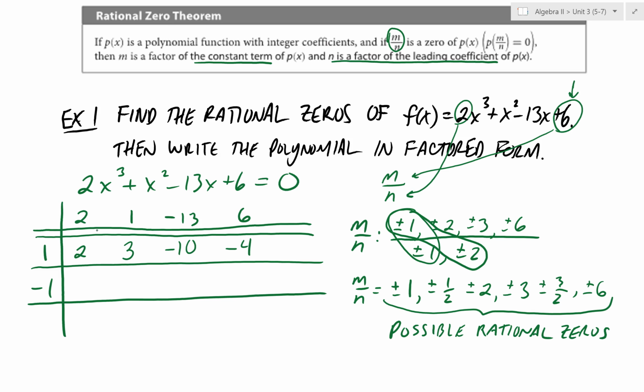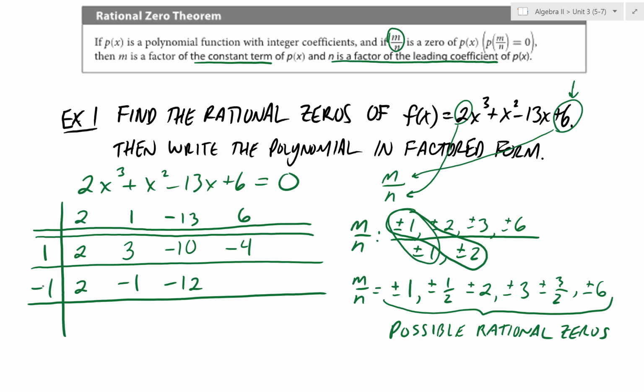So this one, we start with the 2, multiply, and add. So that's negative 2 plus 1 is negative 1. Multiply, you get 2, add to negative 13, and you get negative 11. Oh wait, negative 12.